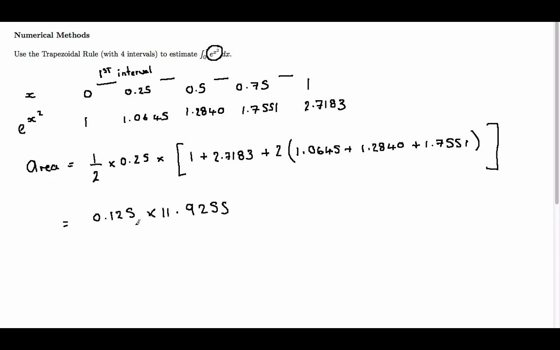And then 0.125 times 11.9255 gives us 1.4907. So we can say that the integral of e to the x squared between 0 and 1 is approximately 1.4907.